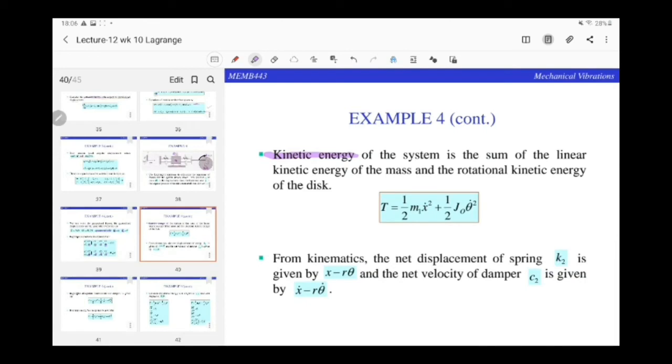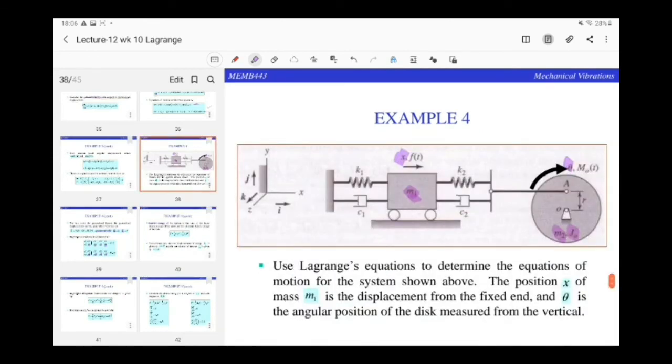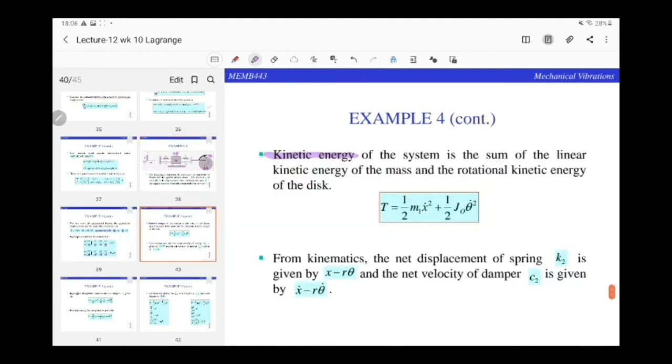For your information, this system is slightly different from the previous one. The M does not move at x, but it has a J here because it's rotating. And it also has an external moment and external force, so make sure you don't miss that out. So for kinetic energy, you just have the mass M1 and then J0.